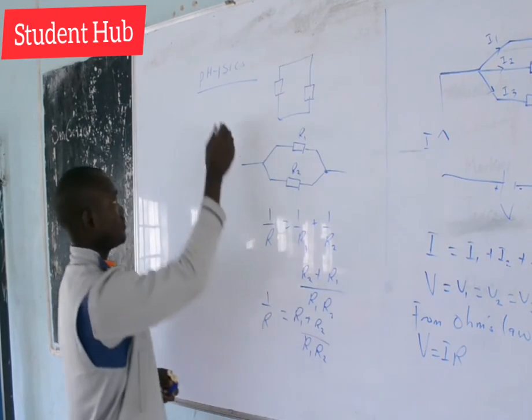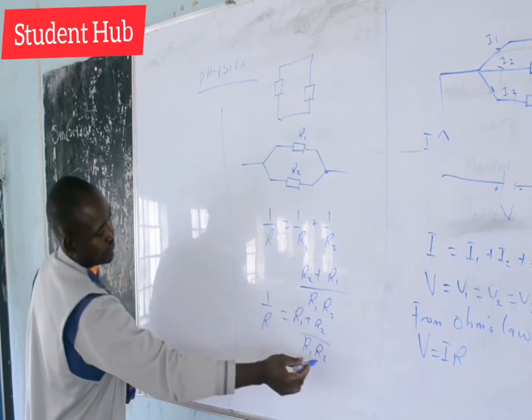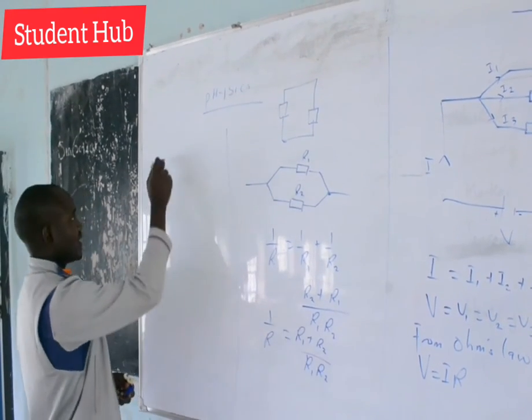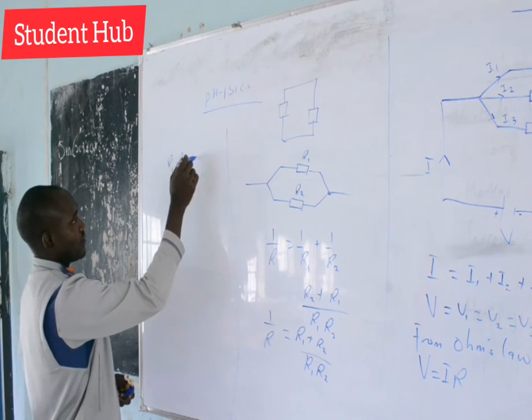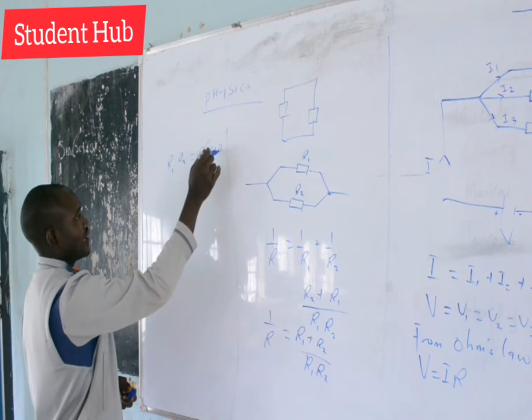We can cross multiply, so we have R1 R2 equal to R into R1 plus R2.